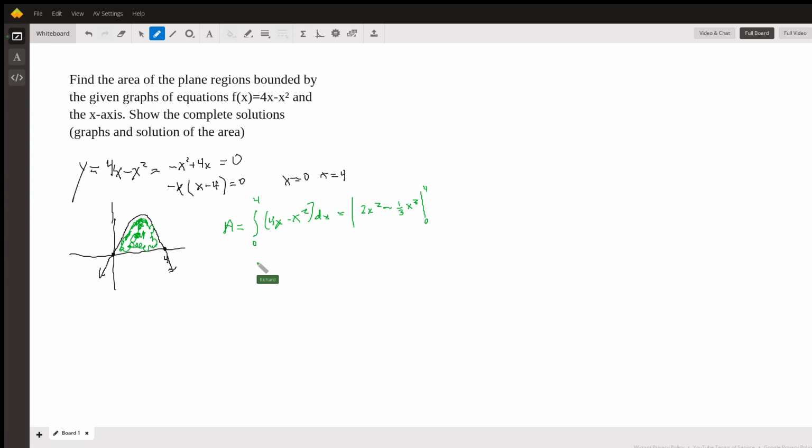Now we're just going to plug in. So it's 2 times 4 squared minus 1/3 times 4 cubed. So that's the 4 part.